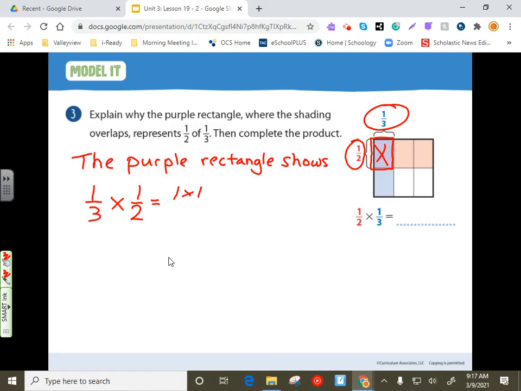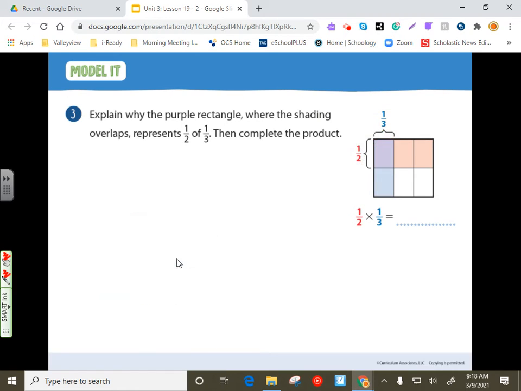And we know it's 1 times 1 up top and 3 times 2 on the bottom. And that gives us 1/6. And you should notice that if you look at this, each rectangle is 1/6. So that makes sense that only one of the rectangles overlaps to create that purple one. So it's 1/6.